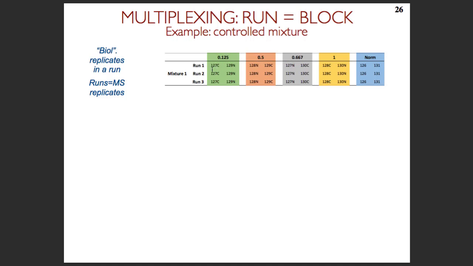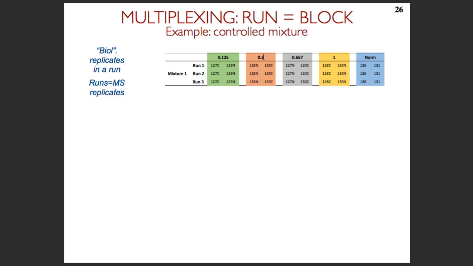So we see that this concentration is present in 2 channels, this concentration in 2 channels, and so on. The first and the last channels are used for normalization. So these are the 2 channels where we will have the same concentration across all the runs.